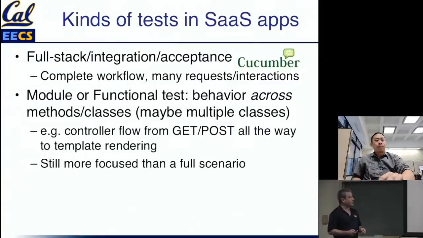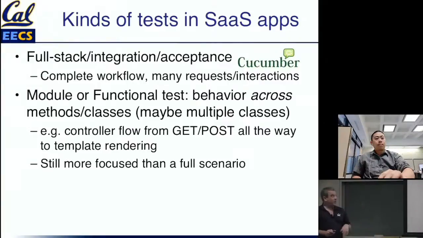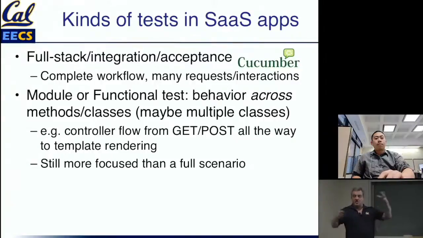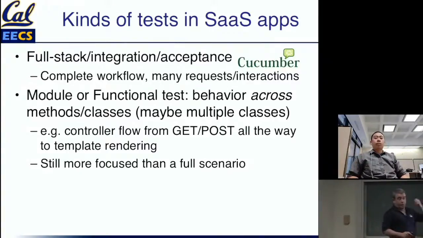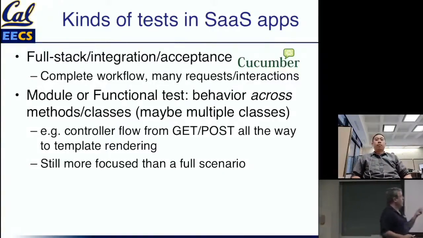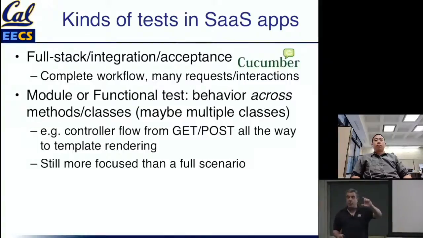We have not yet talked very much about module or functional tests, which is behavior that doesn't necessarily take a lot of different steps from the user's point of view, but it does touch a lot of different parts of the code. So for example, thinking about what happens when a route hits your controller, right? Get or post with some URI. Your controller has some code that will run.